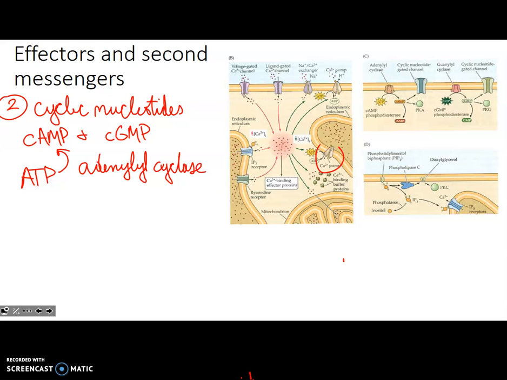Right? This is an enzyme. So put this together. Activation of a G protein coupled receptor leads to the turning on and activity of the G protein. The G protein goes and activates adenylyl cyclase, and now this thing is on. And adenylyl cyclase is able to take free ATP and convert it into cyclic AMP. Okay?